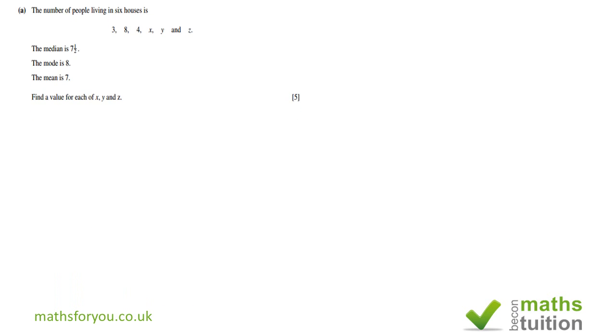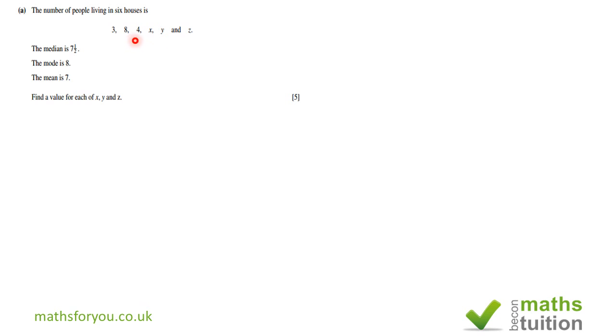Here is the first part of the question. We have 6 houses. The occupants in the houses are 3, 8, 4, X, Y, and Z. One thing to bear in mind here is that because we're dealing with median, we need to arrange our numbers in ascending order.